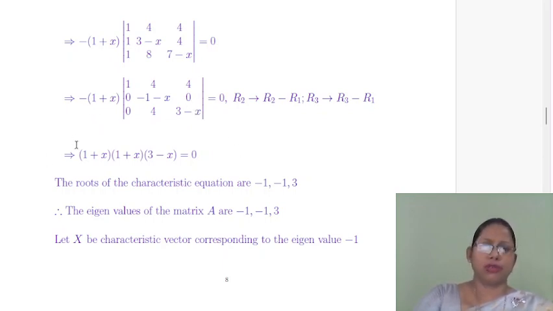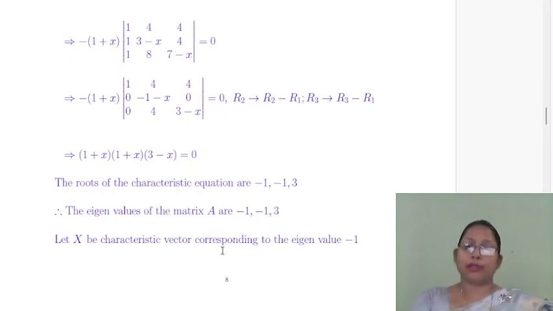So minus minus will be plus, that is, 1 plus x, 1 plus x, 3 minus x is equal to 0. Therefore, the roots of the characteristic equation are minus 1, minus 1, 3. Therefore, the eigenvalues of the matrix A are minus 1, minus 1, 3. Let x be the characteristic vector corresponding to the eigenvalue minus 1.